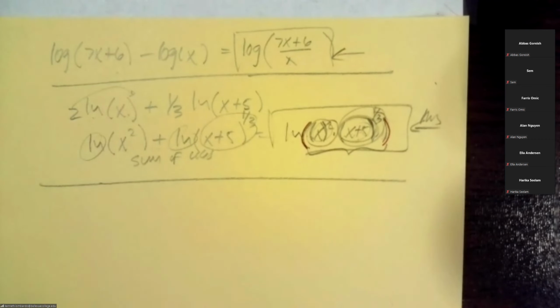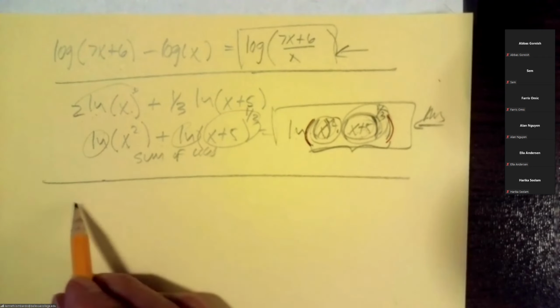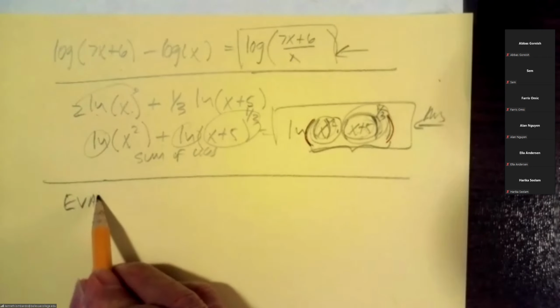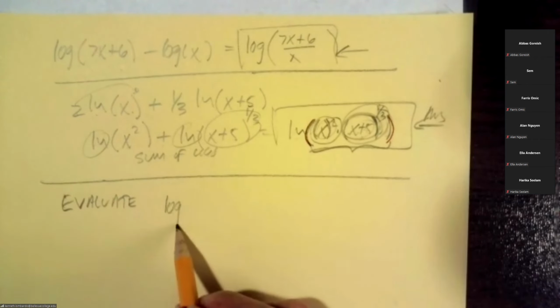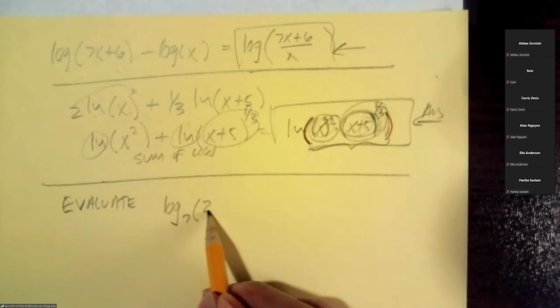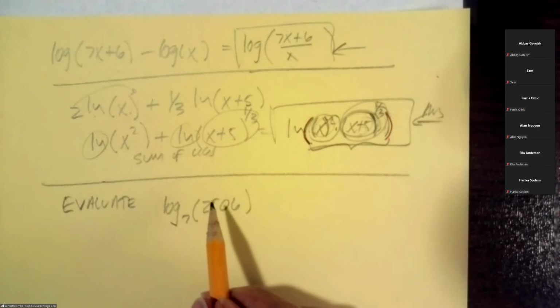Okay. Let's see, what new concept can we do here? Let's say I want to evaluate log base 7 of 2506.